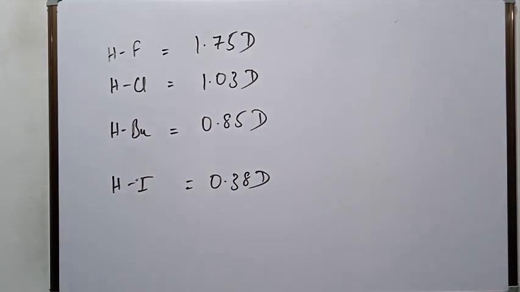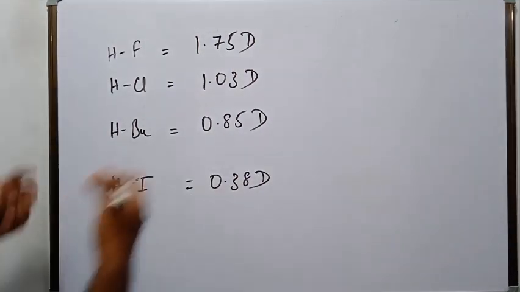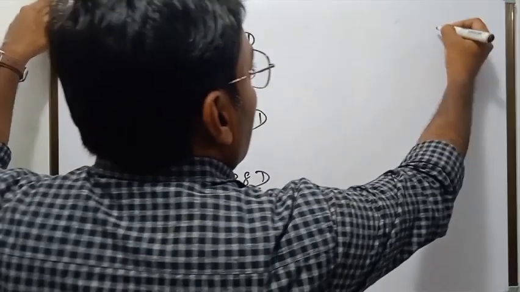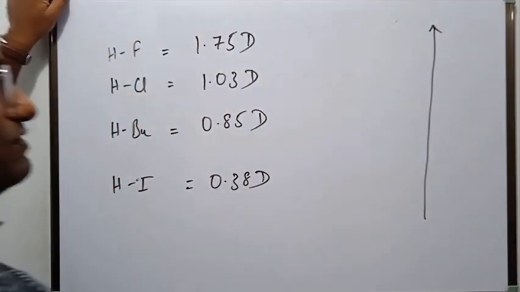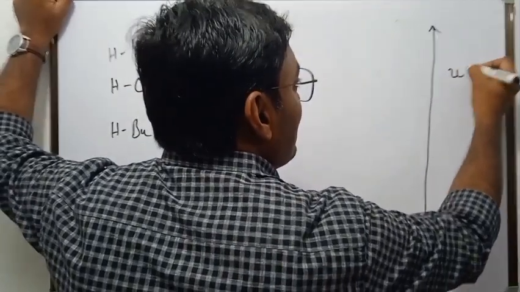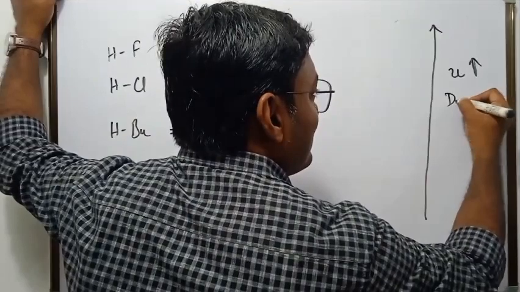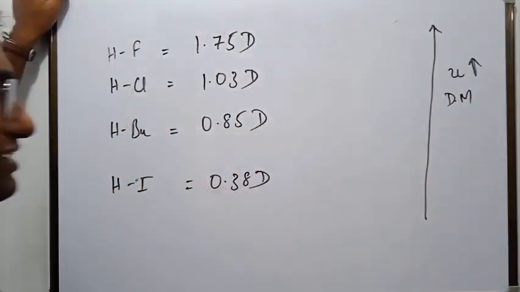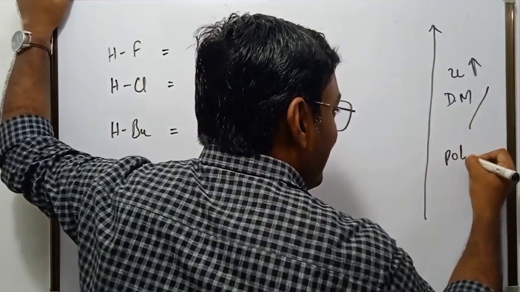Dipole moment is nothing but a measure of polarity. That means as the dipole moment increases, polarity should increase. So let us see: mu increases like this, the dipole moment increases like this, and polarity also increases like that.